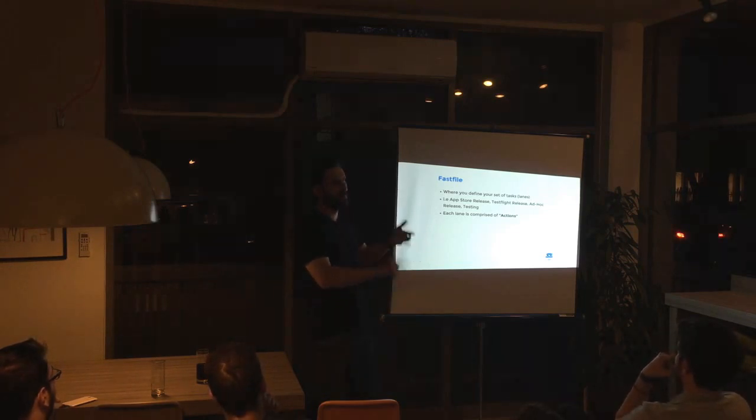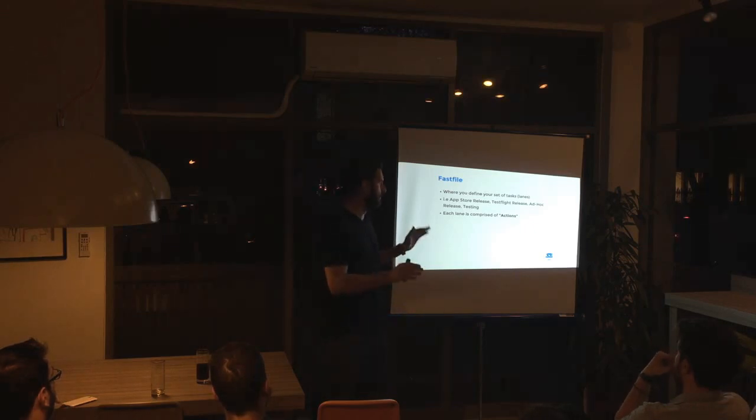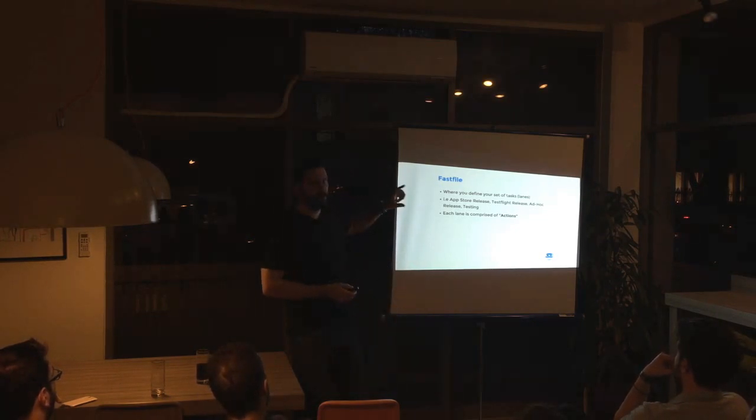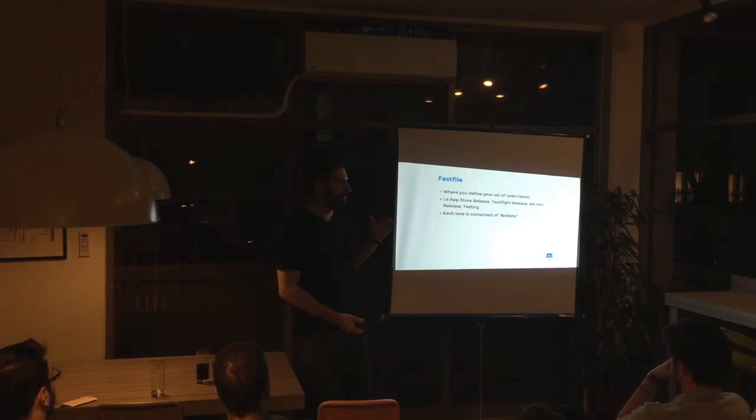You can name them testflight, beta, crashlytics, tests, whatever. It's fully custom. And each one of these lanes that you declare in your Fastfile is actually comprised of a set of actions. Okay, and these actions are basically the tasks that you want to run as part of this specific workflow.